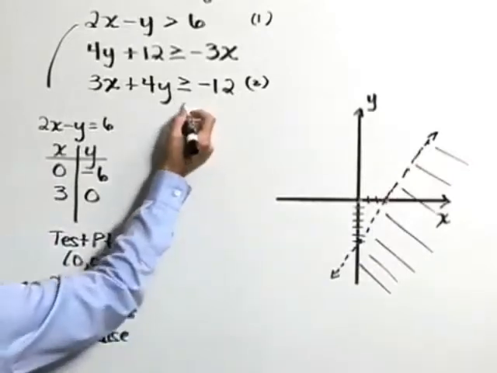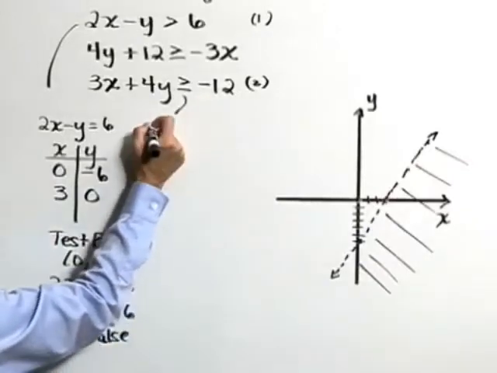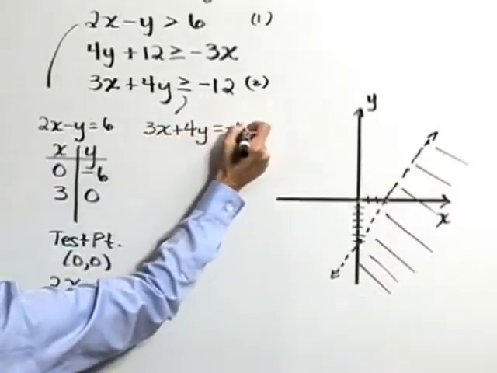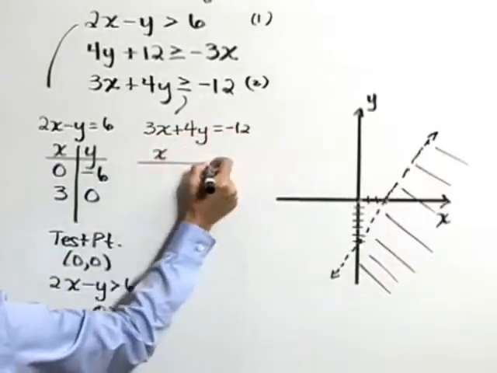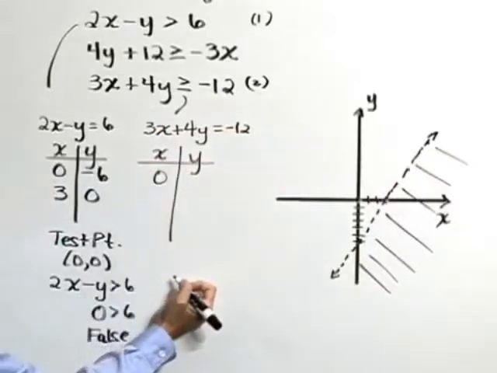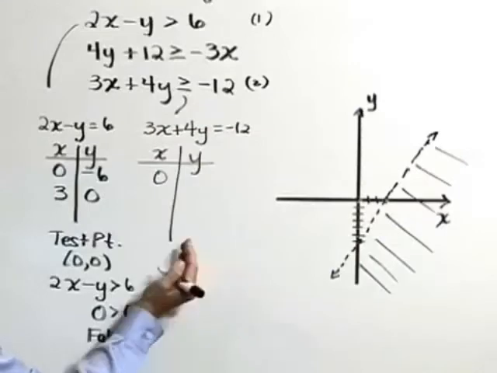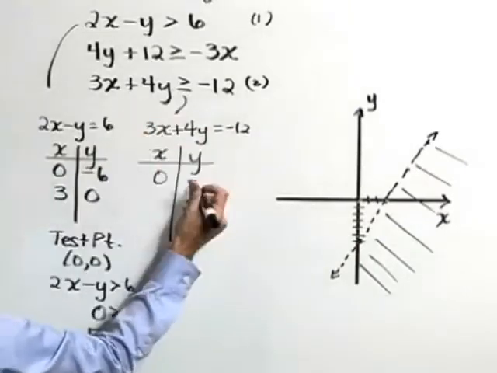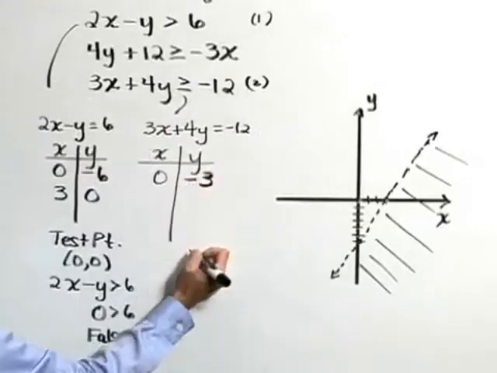Now let's look at our second inequality statement, and let's graph the boundary line. 3x plus 4y is equal to negative 12. Once again, using a t-table, letting x and y equal 0. In this equation, if we let x equal 0, 4y is negative 12, or y is equal to negative 3.